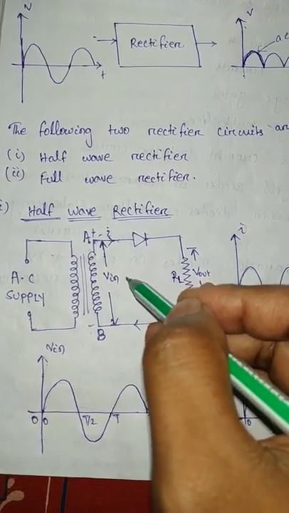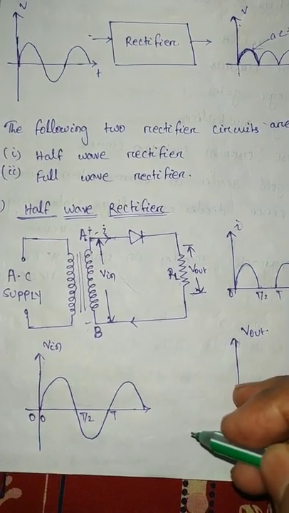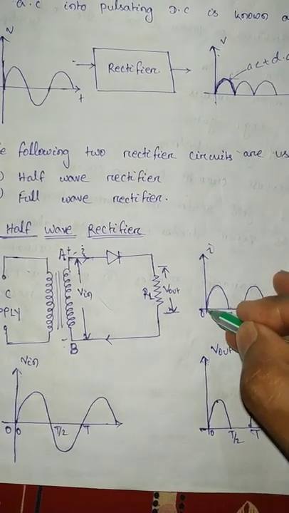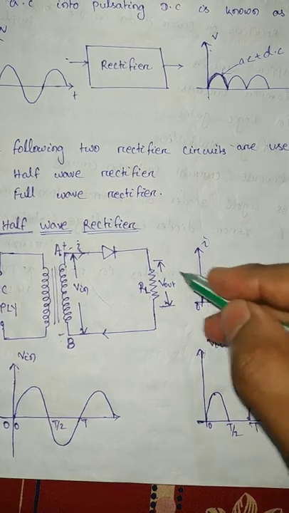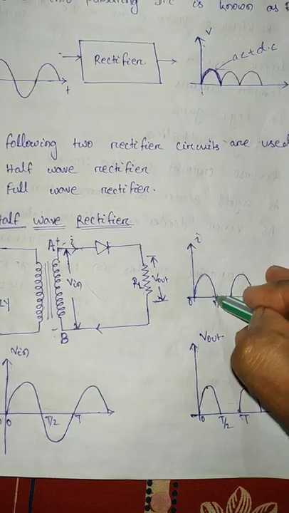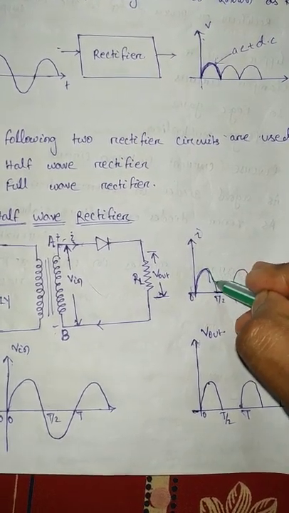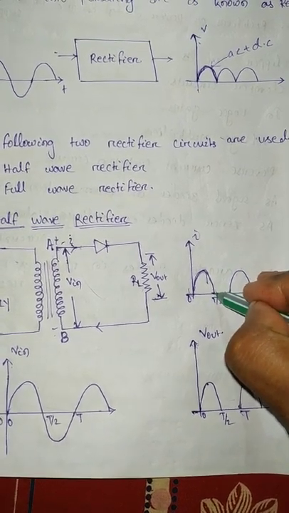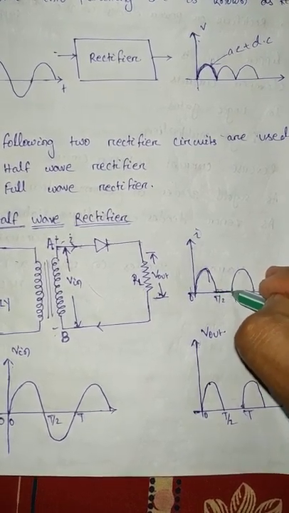So current flows through the diode during the positive half cycle of the input AC voltage only, and it is blocked during the negative half cycle. As you see, during the positive half cycle 0 to T by 2 current flows through the diode, and during the negative half cycle T by 2 to T there is no current.